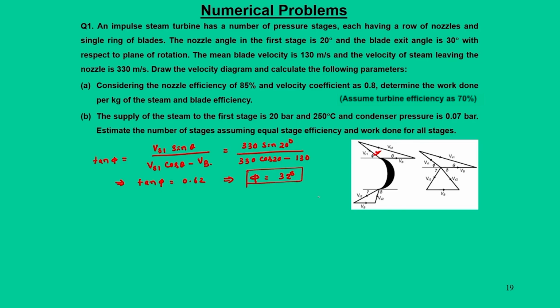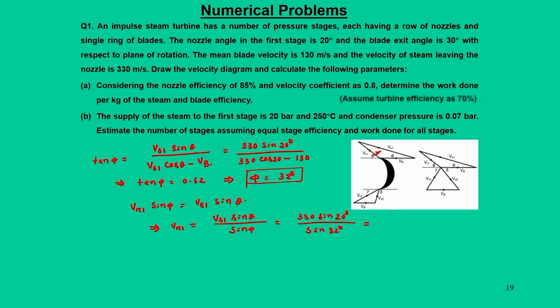And then let us see these relations. Now, Vr1 sin phi is equal to Vs1 sin theta. So this will give you Vr1 is equal to Vs1 sin theta divided by sin phi. Putting the numbers, we have 330 sin 20 degree divided by sin 32.